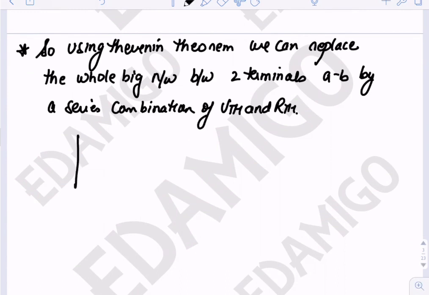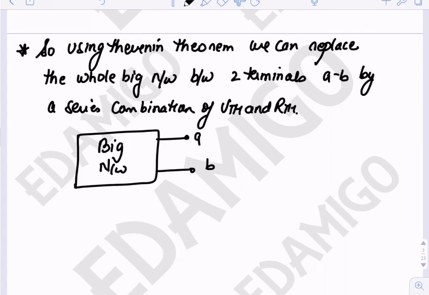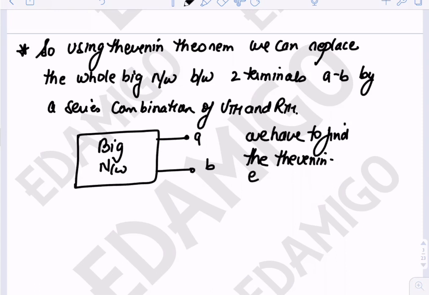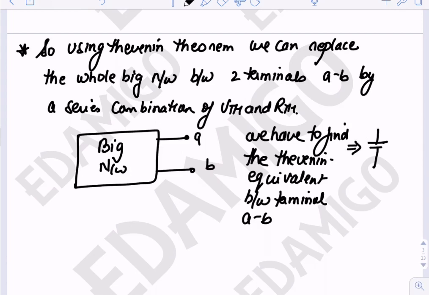Okay, so suppose this is a big network and these are the terminals A and B, and we have to find the Thevenin equivalent between terminals A and B, and the Thevenin equivalent will be like this.